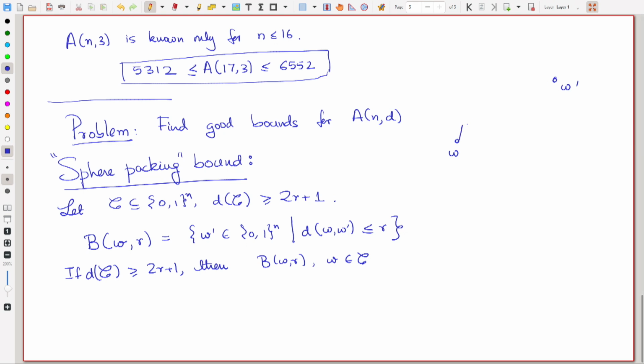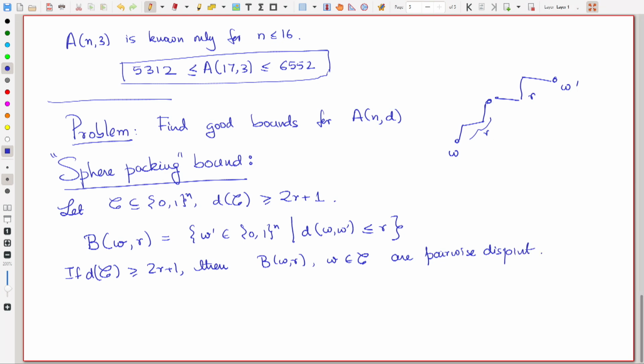So I am going distance r from here and I am going distance r from here, these cannot coincide, because if this were a common point, distance r from here and distance r from here, that would make the distance between w and w prime 2r, but I am assuming that the distance is greater than or equal to 2r plus 1. So these are pairwise disjoint.